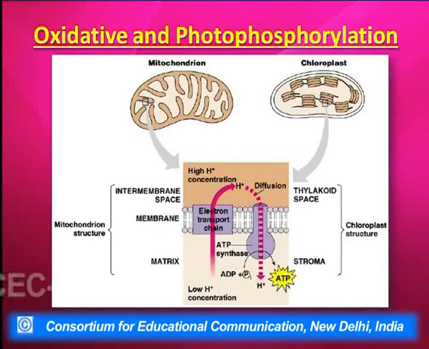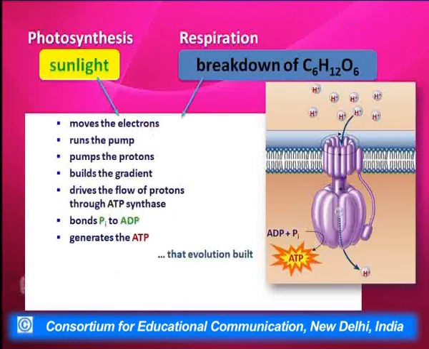We should remember that within the mitochondria a similar type of process ensues, from where we have the formation of ATP through the proton channels of the F0, F1 particles. The channels are there in the F0, and the ATP is formed in the matrix, and in the chloroplast the ATP is generated on the stroma side.